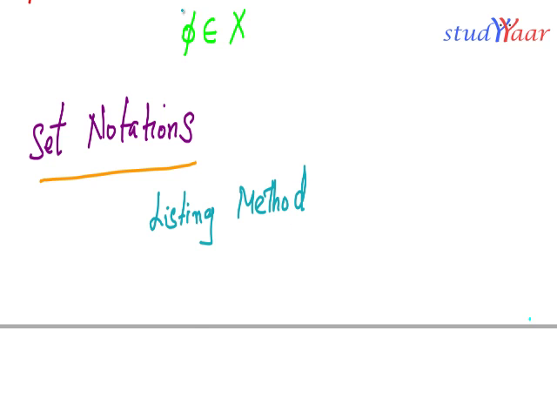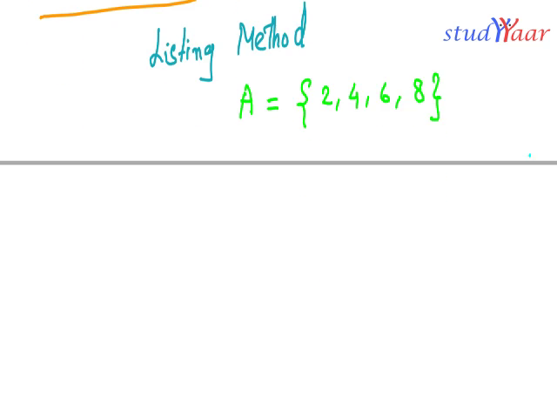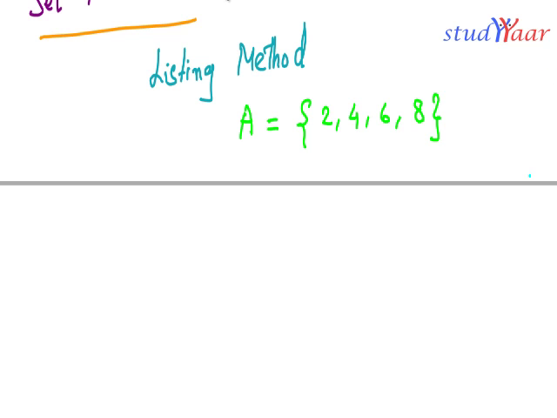So it looks something like this. Let us suppose my set is A, and I can say that A has these many elements. I list down the elements of A. So let us suppose A is 2, 4, 6 and 8. Another way to represent A would be to write it in a statement.